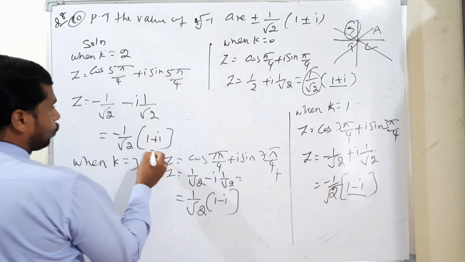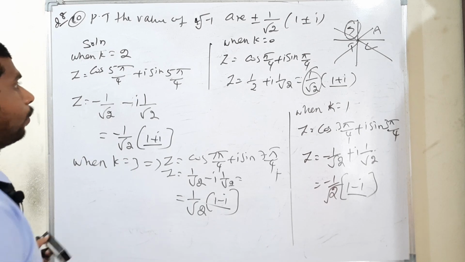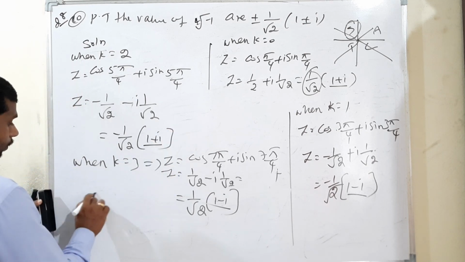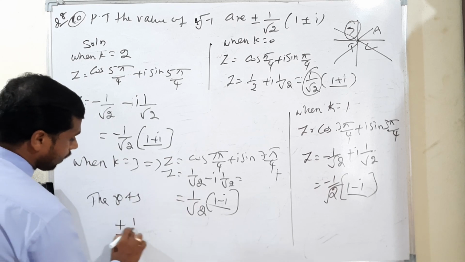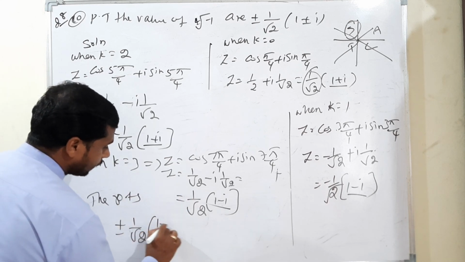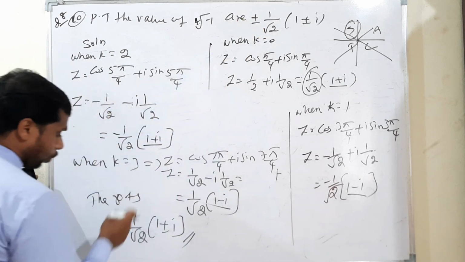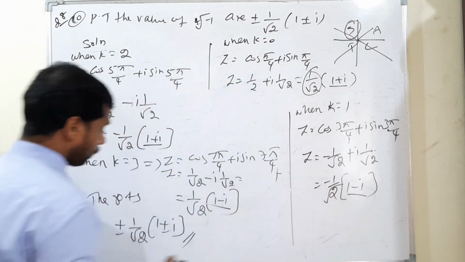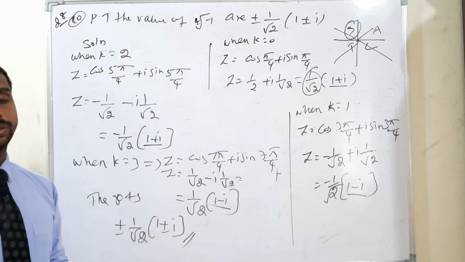When k is equal to 2 we get 1 plus i, and k is equal to 3 means 1 minus i. Therefore we can now write the roots, the final answer: plus or minus 1 by root 2, and inside also 1 plus or minus i will come. This is our proof, no? Plus or minus 1 by root 2, then bracket of 1 plus or minus i. I proved it with the fourth root of unity value minus 1, okay?